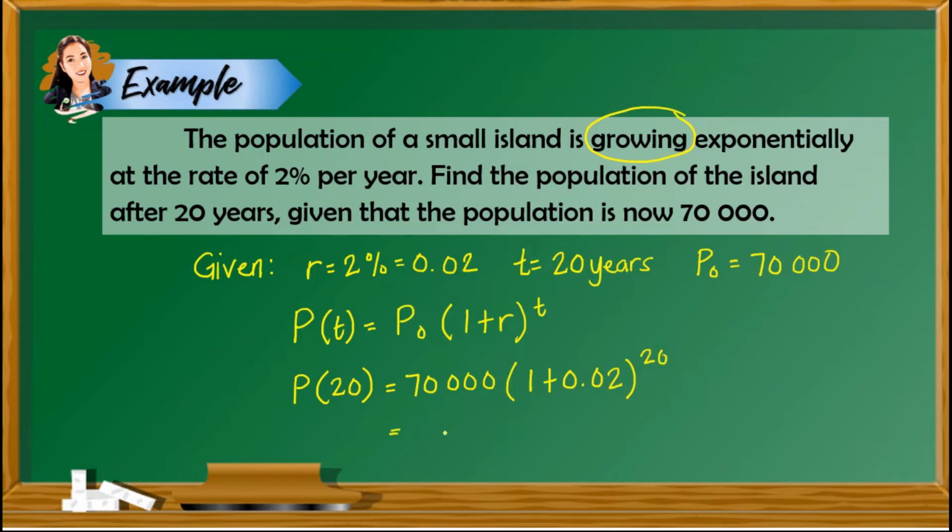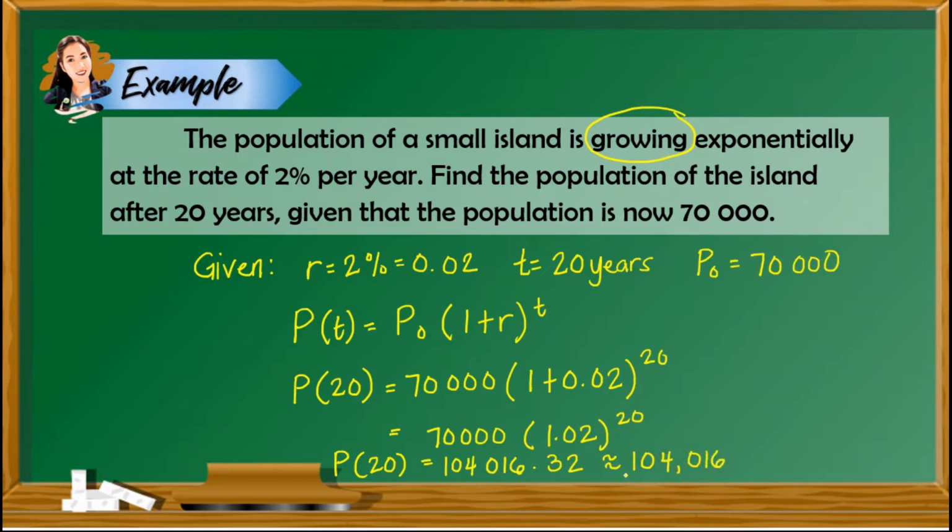Simplifying all of this, we have 70,000 times 1.02 raised to 20. So based on this, we have P of 20 is equal to 104,016.32. So it's approximately 104,016.